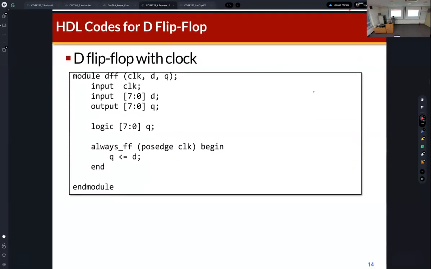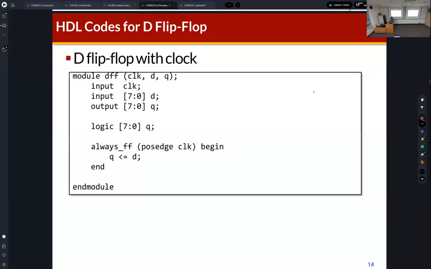Okay. So we also need to use D flip-flops for implementing RISC-V processors. RISC-V processors are also digital circuits, so we can implement the RISC-V processor using SystemVerilog.